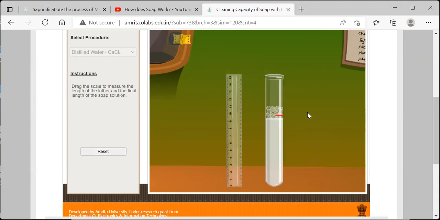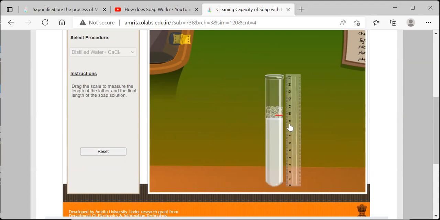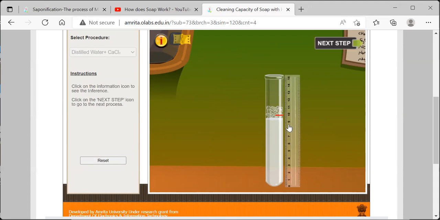When we zoom in, we can see that in conditions of very hard water, we have even less foam. So when we look at the measurements, we started close to 10. Then we can see that the length of the solution is around 9 centimeters.